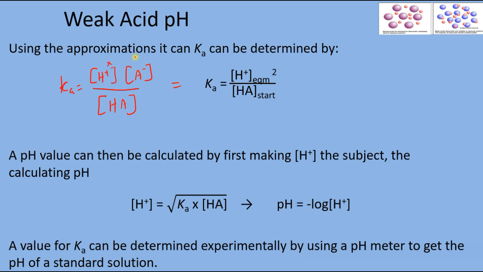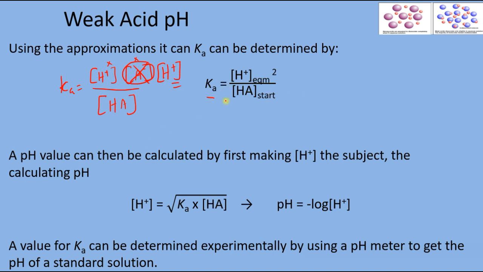Now, because these two have the same value, I can write just H plus. Why are we writing H plus and not A minus? We are interested in calculating H plus, right? For pH we need H plus, so replacing A minus with H plus, we need an expression for H plus. Now this becomes H plus squared divided by HA, equals Ka.